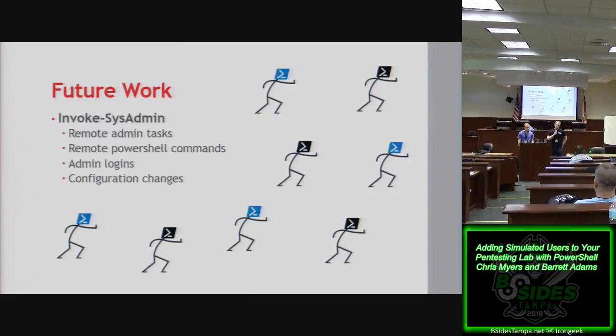If you have a SIEM or anything logging activity in your network and you're trying to practice hunting for malicious activity that your pen testers are doing in the lab, then this will fill up those logs with some legitimate activity you have to search through. That way, they can't just search for PowerShell.exe and pretty much anything that comes back is going to be malicious. So that would be something we're interested in trying to make work in the future.